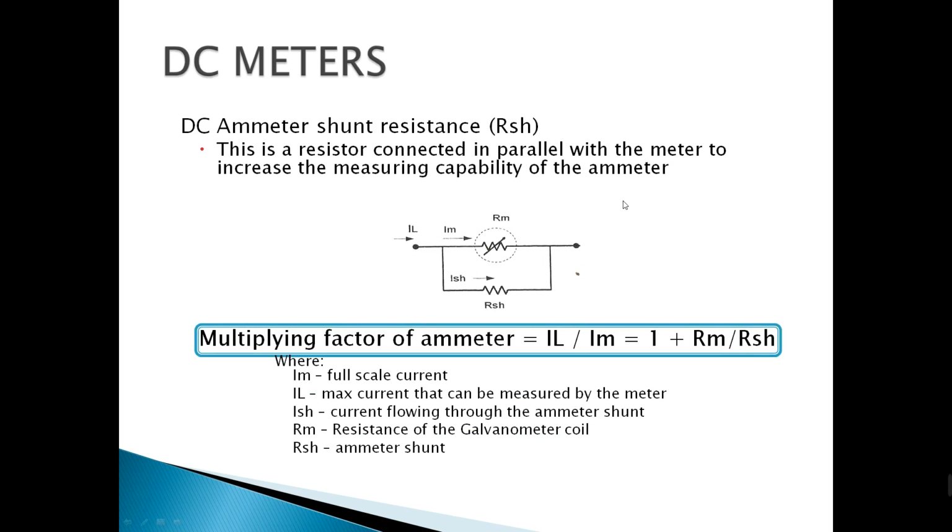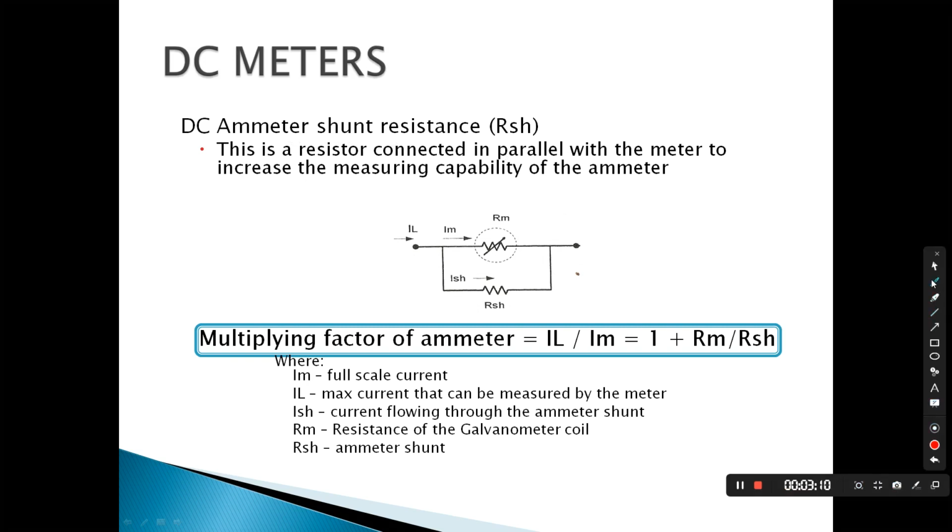Next, we have another computation part for the DC ammeter. We are about to introduce the DC ammeter shunt resistance. This is a resistor connected in parallel with the meter to increase the measuring capability of the ammeter.